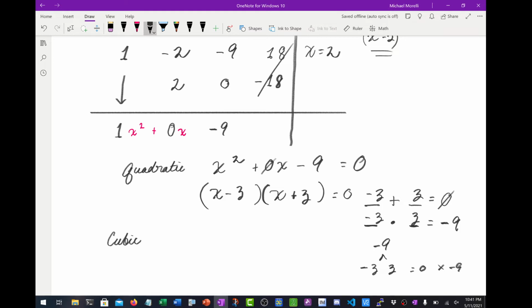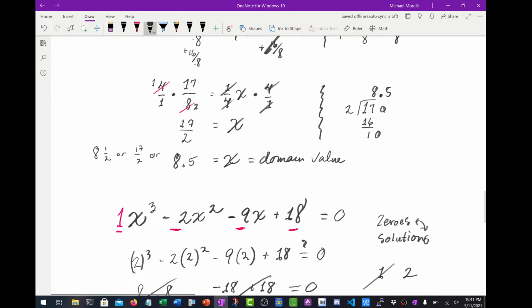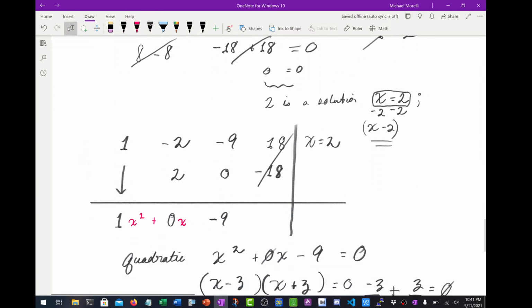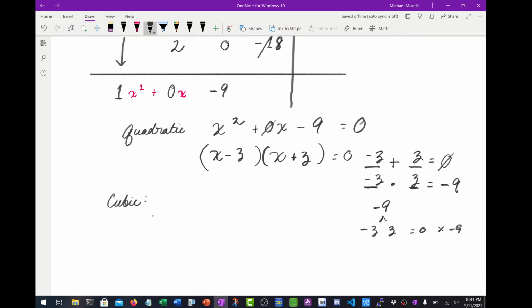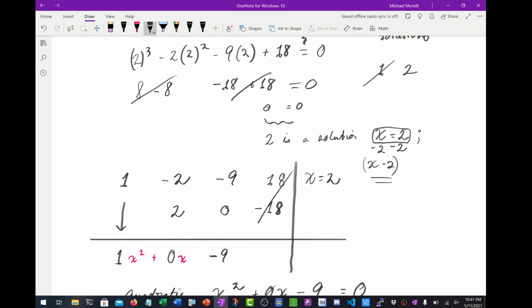I want to make sure this is really clear. So our original cubic was x cubed minus 2x squared minus 9x plus 18. So x cubed minus 2x squared minus 9x plus 18 is equal to, remember, one of our solutions was x equals 2, and that factor would be x minus 2.